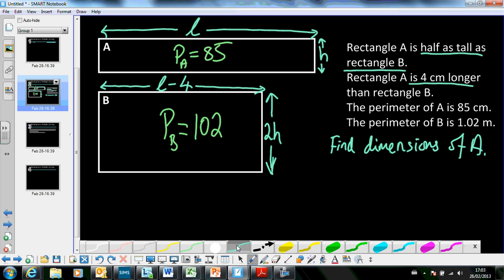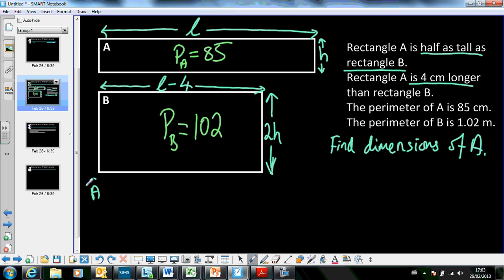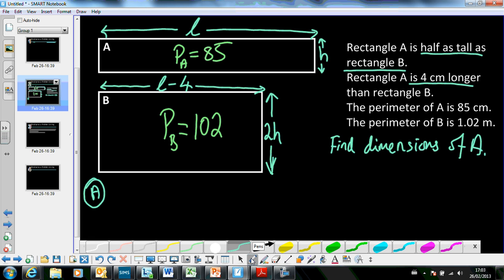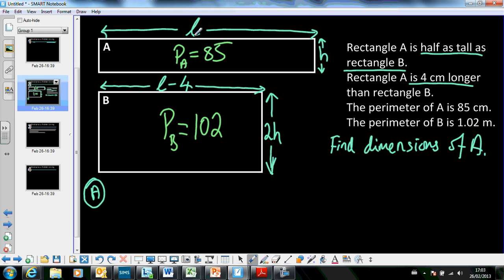Set up one for A. If we work out the perimeter, well, the perimeter is just the length plus the height plus the length plus the height, is equal to 85, we're told that.